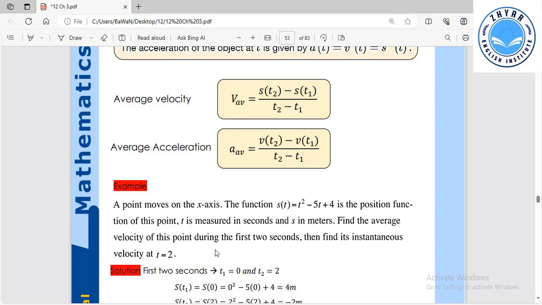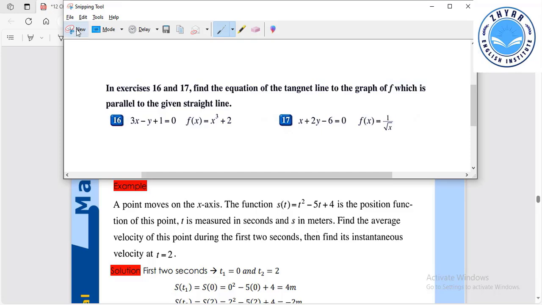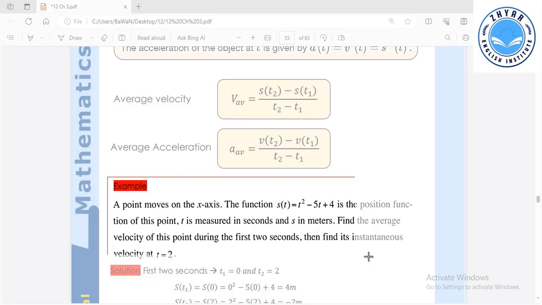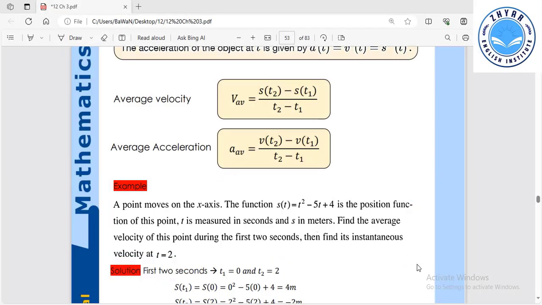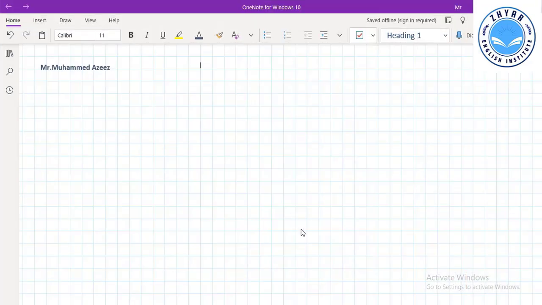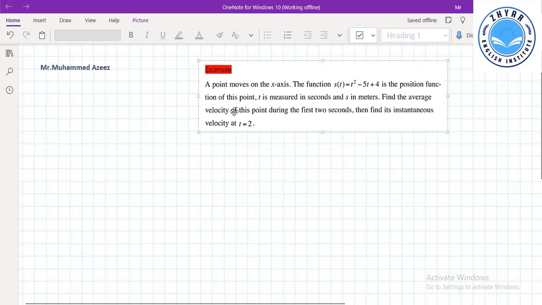Now let's solve this example. Take the example to the notebook and solve it. There you go.